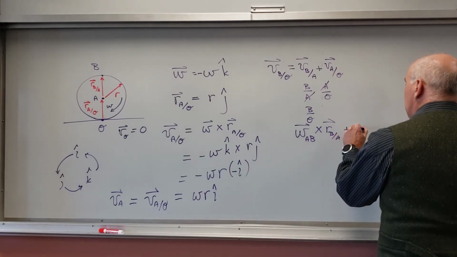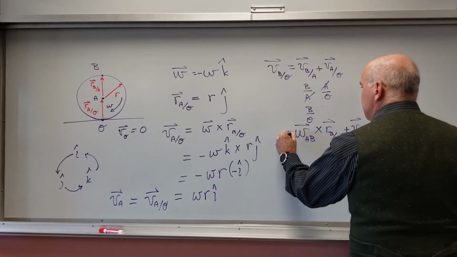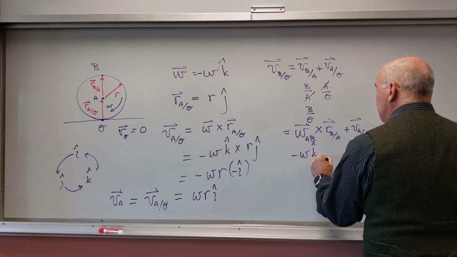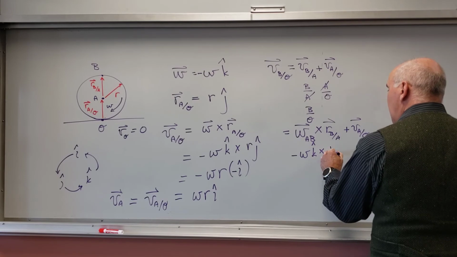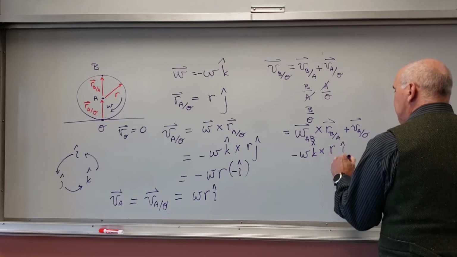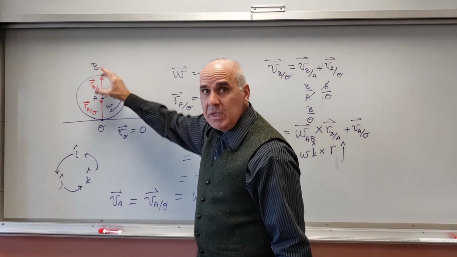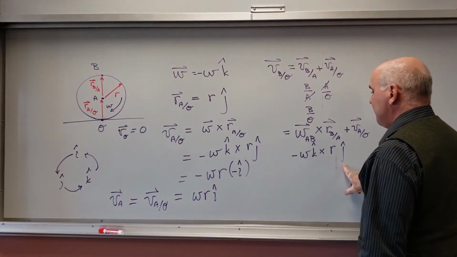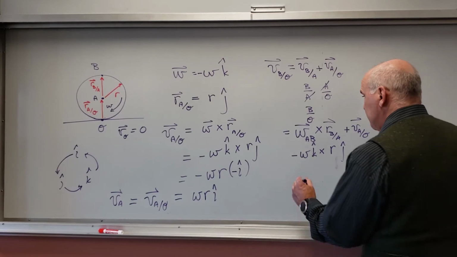Then plus the velocity of A with respect to the origin. But this is just equal to minus omega k hat crossed with R j hat, because the position of B with respect to A is the radius of the wheel, and it's upward in the j direction. And again, k cross j is negative i, so this becomes minus, and minus becomes plus.